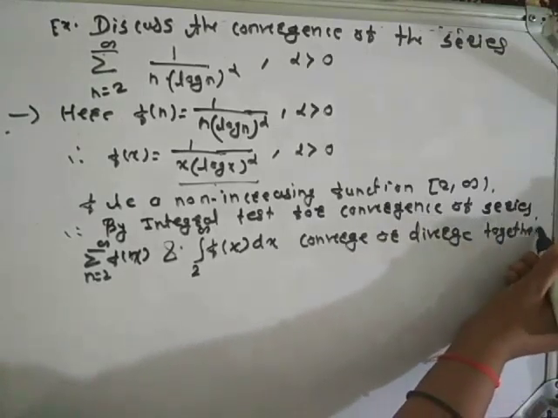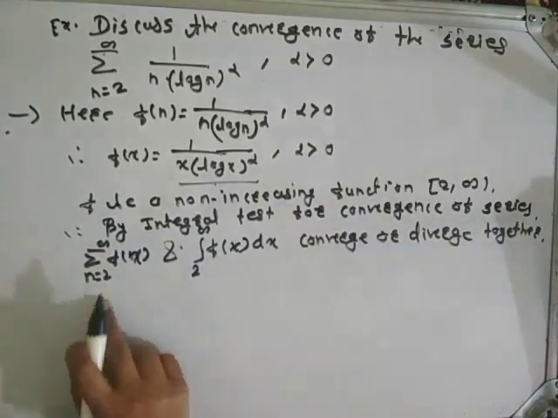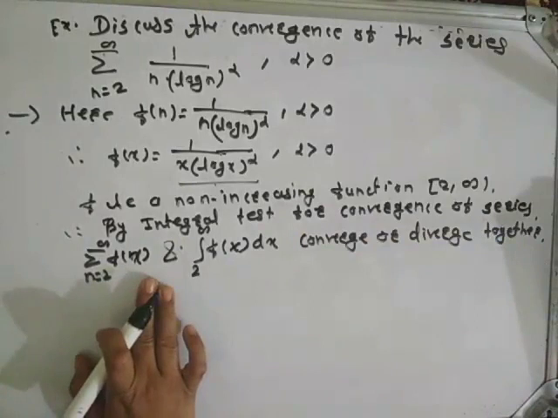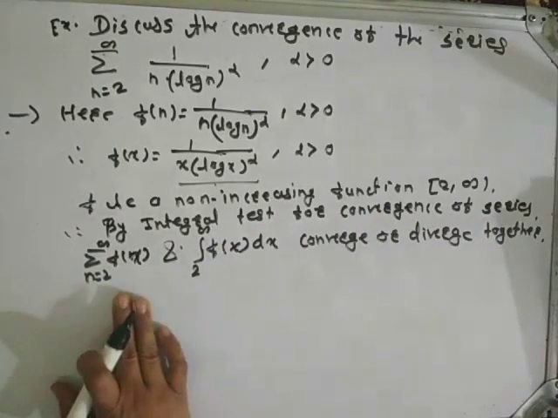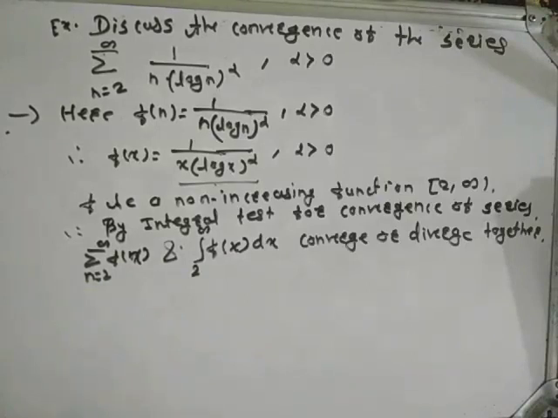Means what? If integral f of x converges, then series f of n is convergent. If integral is divergent, then series f of n will be divergent.